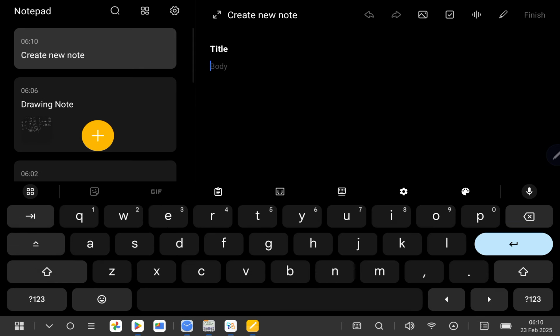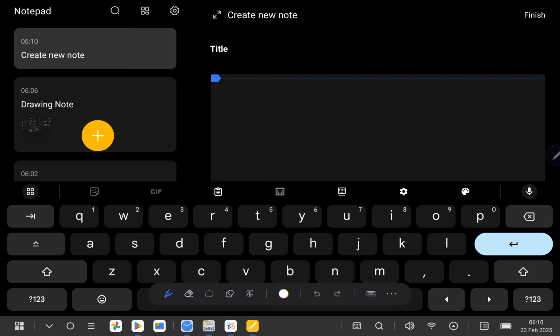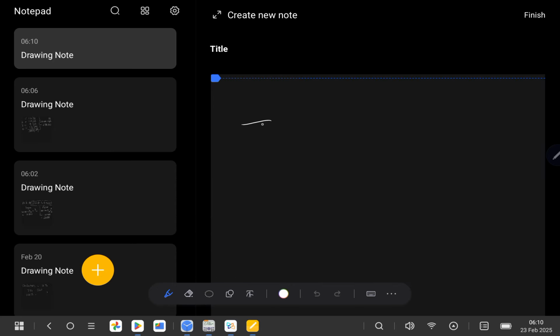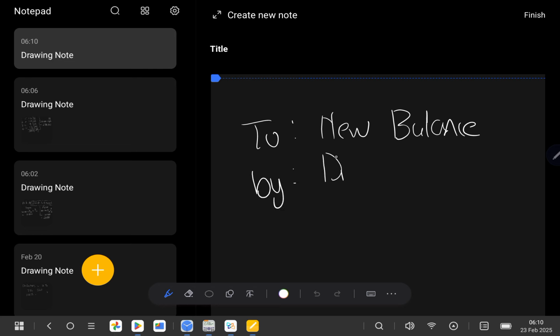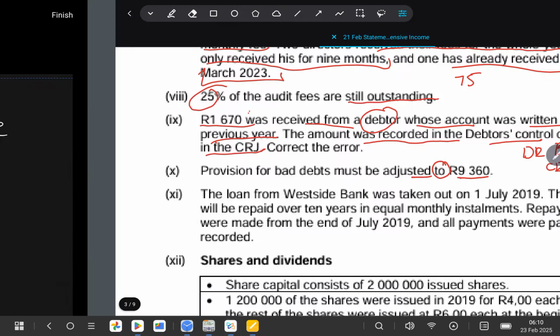I normally tell my learners that if they give you 'to', it means that is the new balance. And once they say 'by', whatever you are going to get is the adjustment figure, which we call the difference.